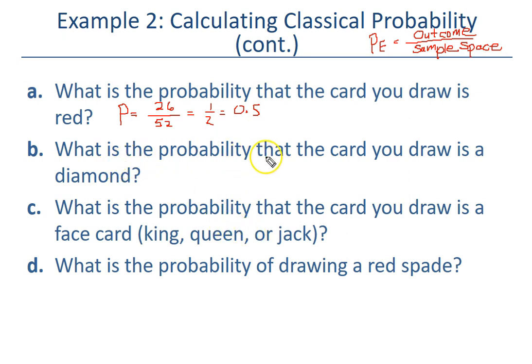What is the probability that the card you draw is a diamond? Well, again, how many diamonds in a deck? 13 out of 52, which simplifies to 1/4, which is 0.25.